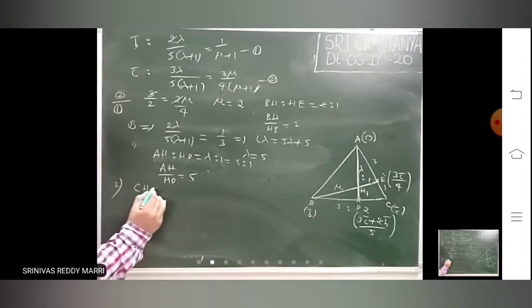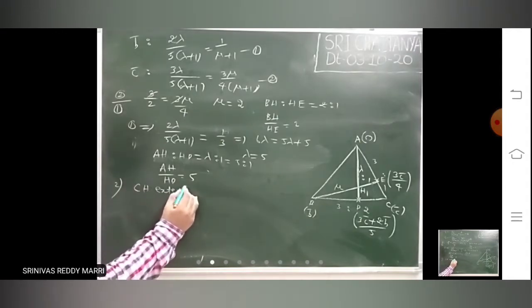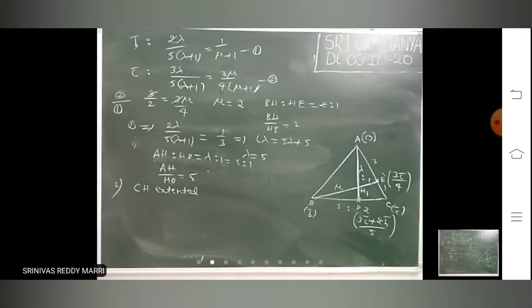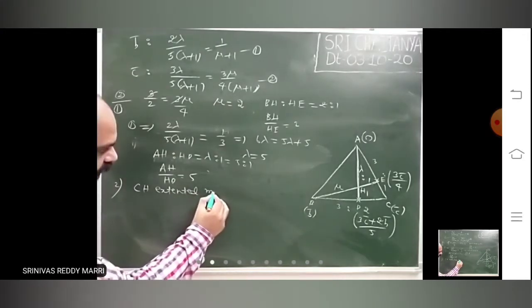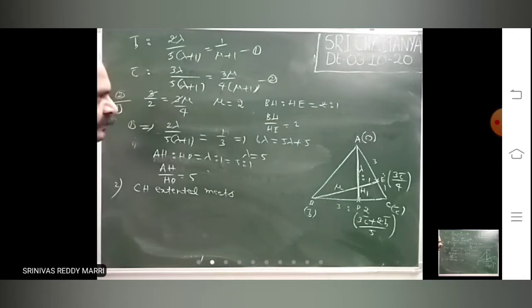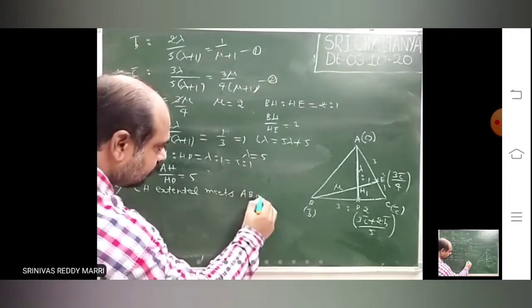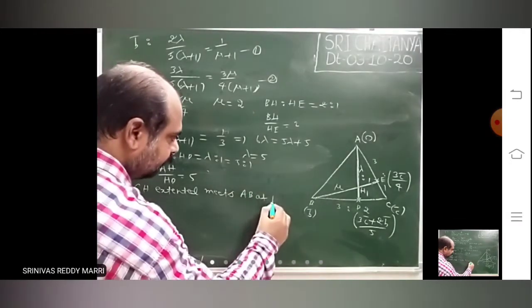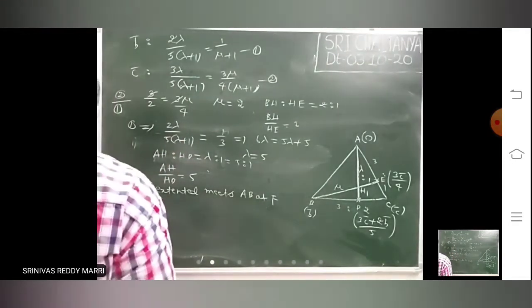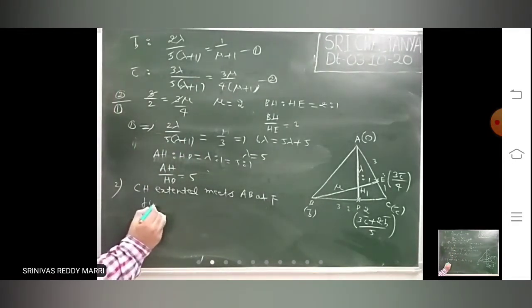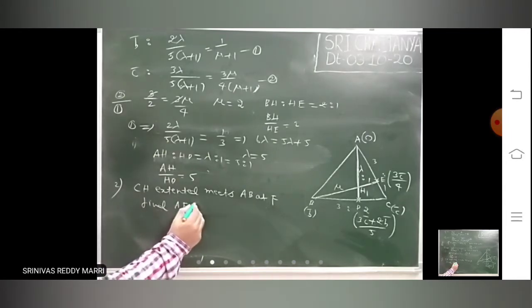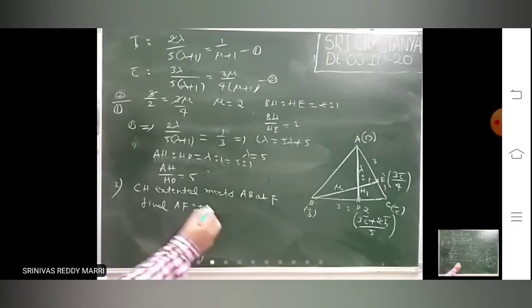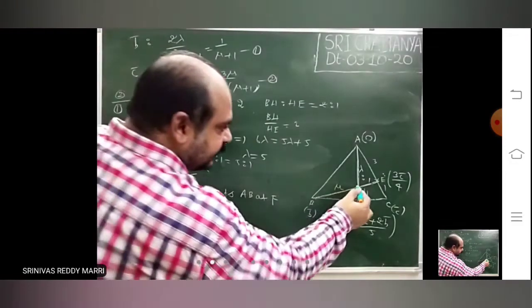CH extended meets AB at F. Find AF is to FB. Further, the next question is asking, so these both are intersecting, na?